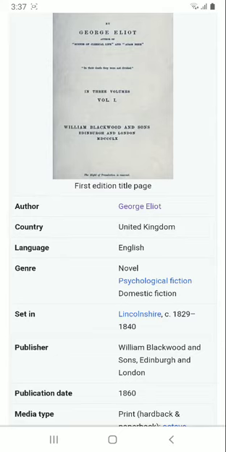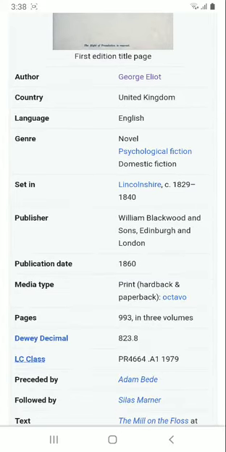It is set in Lincolnshire from the year 1829 to 1840. It was published by William Blackwood and Sons, Edinburgh and London. It was first published in 1860. Media type, printed version.